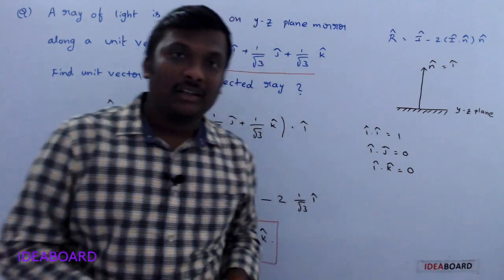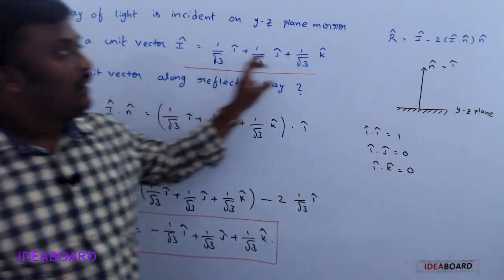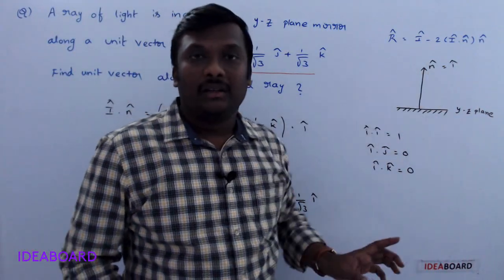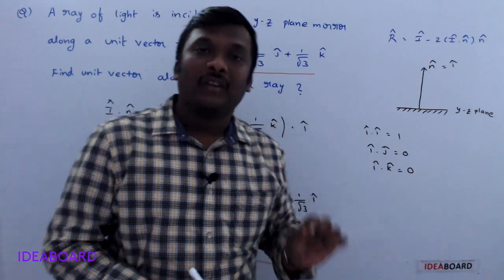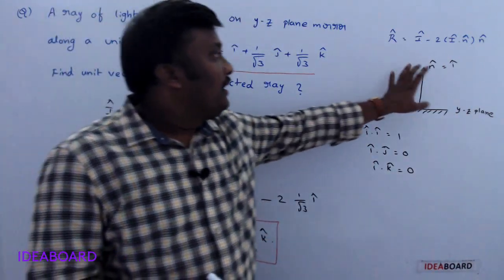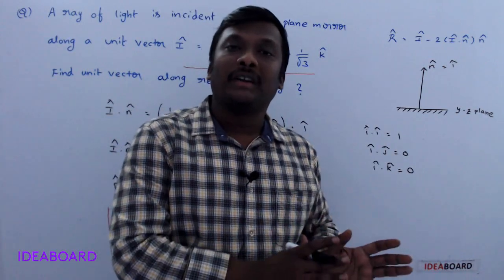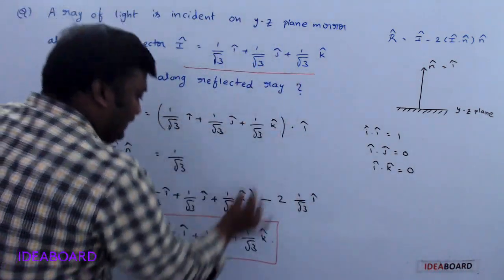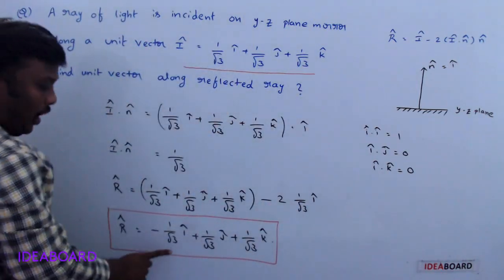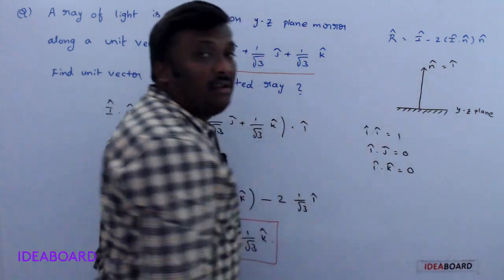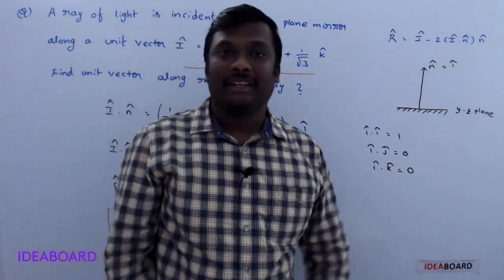What is that? The component of the incident ray along the normal gets reversed. Remaining all components are the same. So this one is the same, this one is the same. Just reverse the component which is along the normal. Do you understand? This is the trick.